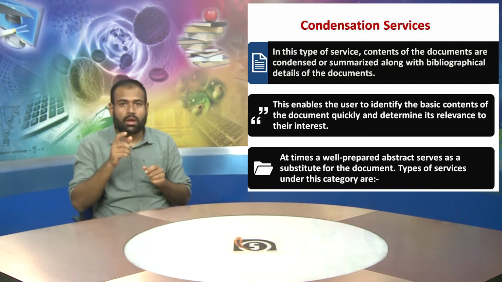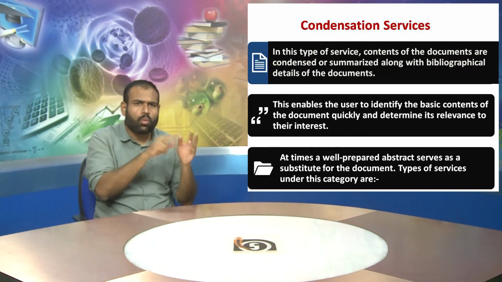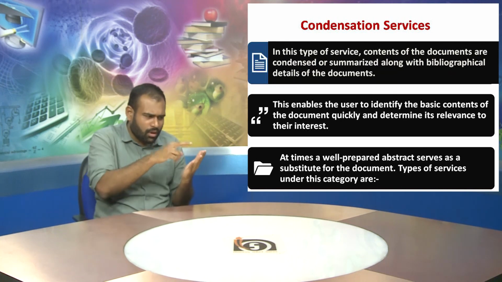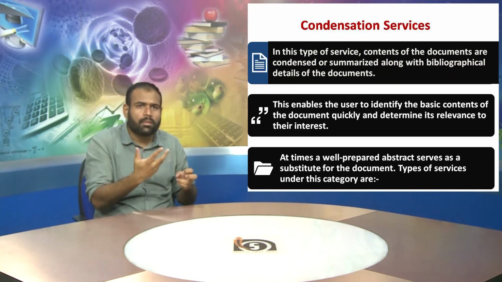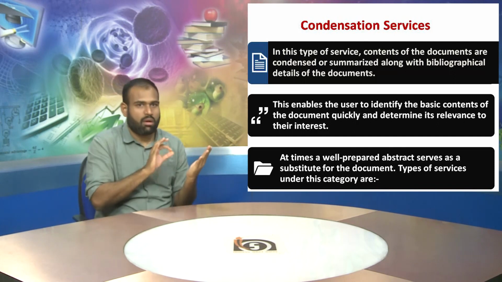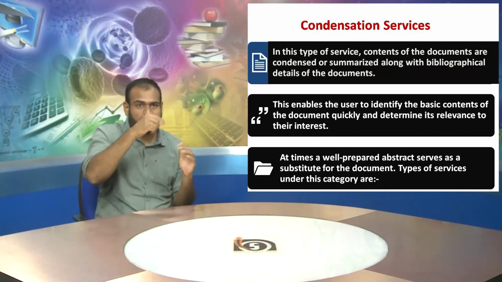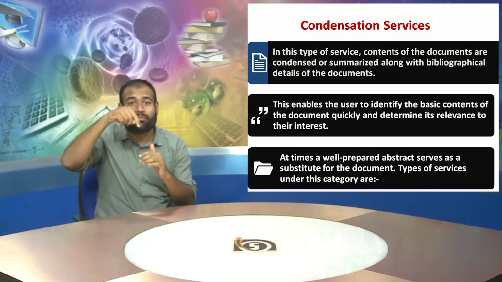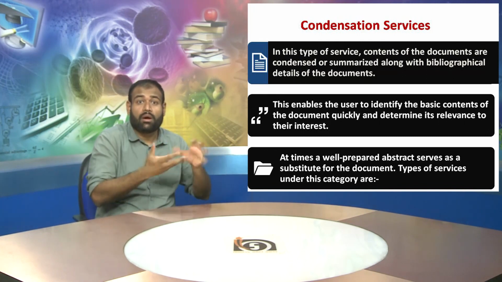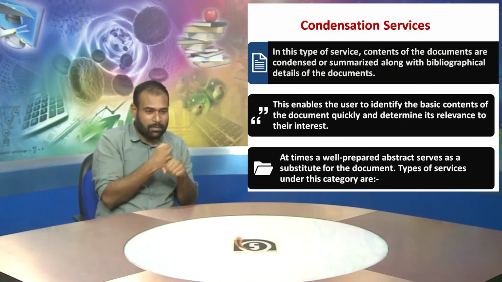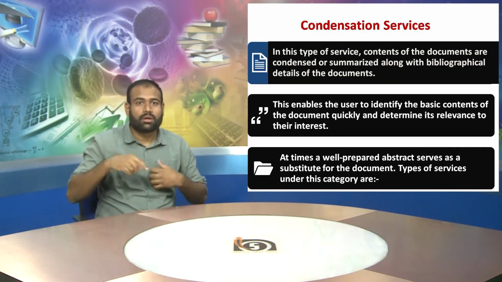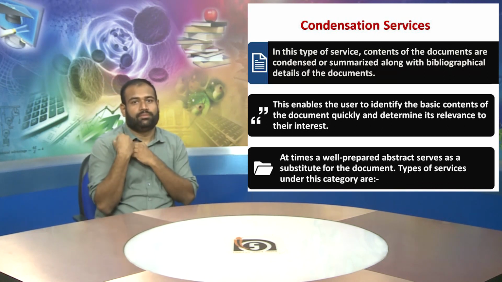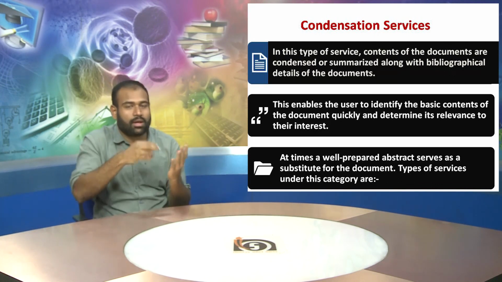This enables the user to identify the basic content of the document quickly and determine its relevance to their interest. At times, a well-prepared abstract serves as a substitute for the document, and the types of services under this category are mentioned in further slides.